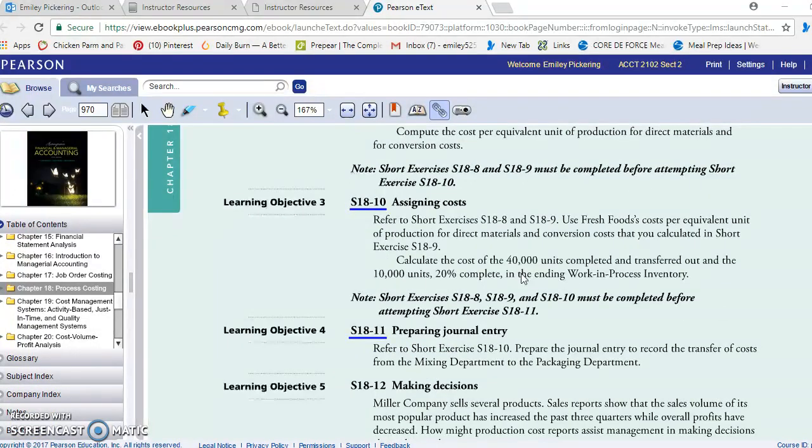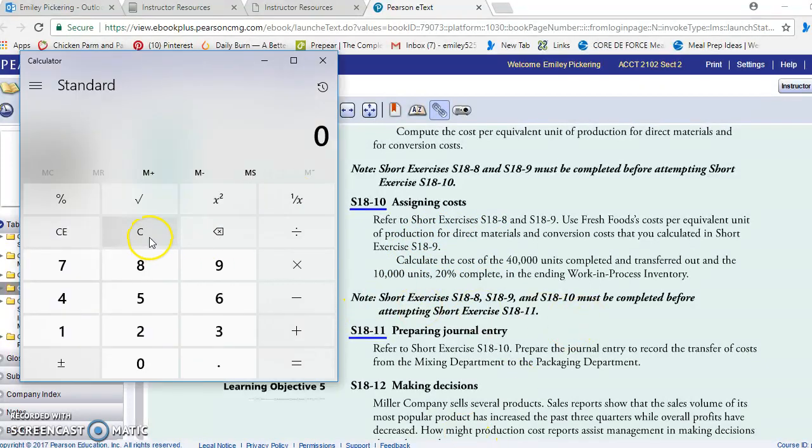All right, so the last piece of this part of it is assigning costs to what has happened. We've assigned a cost per unit, so now let's take that per unit cost and assign it to the total cost here. For the direct materials, we have 40,000 completed and done, and then 10,000 that we added at the beginning.